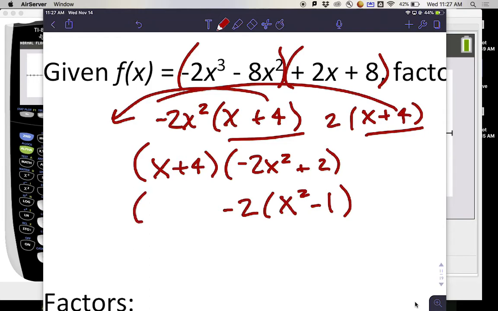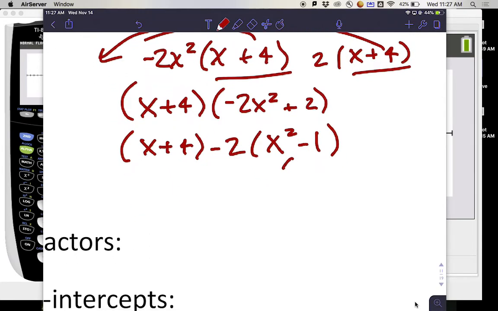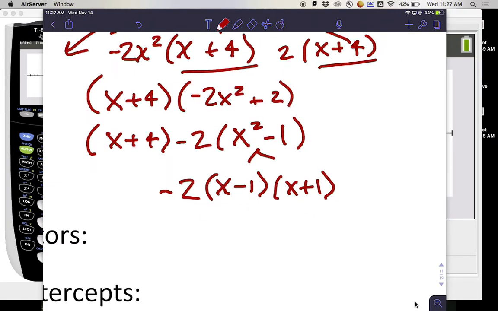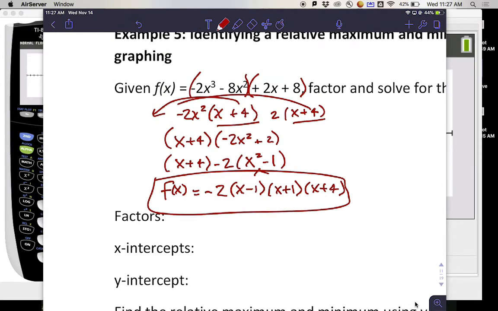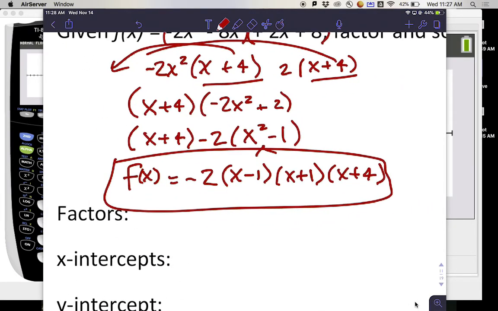And then x squared minus 1, we can actually do a difference of squares there, and write that as x minus 1 and x plus 1. Okay, and then you still have the x plus 4 out there. So those are all of your factors right there. This would be the same function in factored form. So as far as the factors, I'd say x minus 1, x plus 1, and x plus 4.